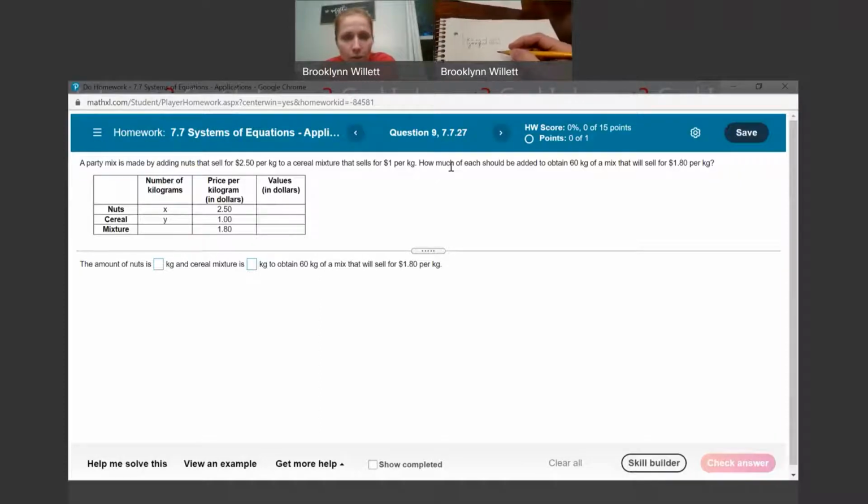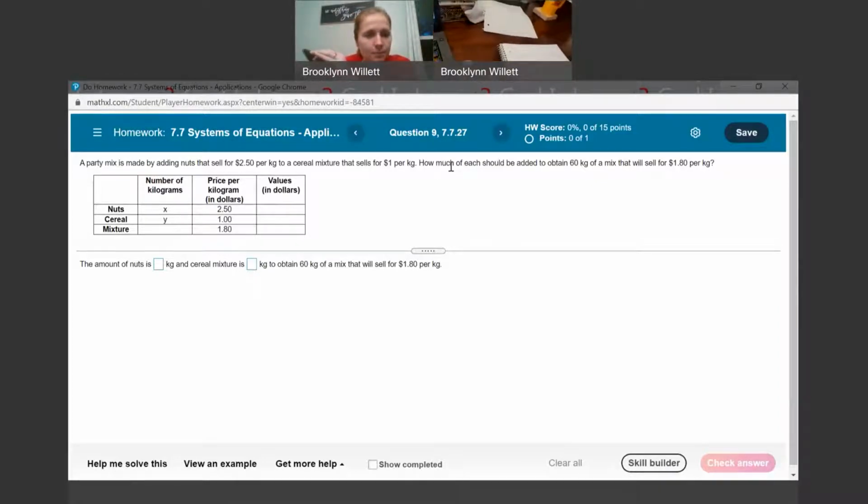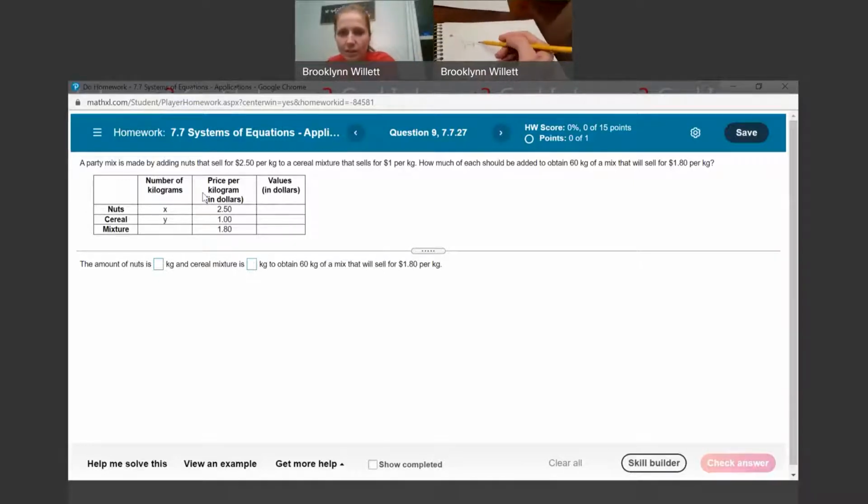And so actually, let me make sure that the table they have is doing that too. So let's see. In the table, looks like they put X in the slot for kilograms of nuts and then Y in the spot for kilograms of cereal. So they're matching ours, so that's good. Probably a good thing to look at that before you write them down. But anyway, so we got that already set up.